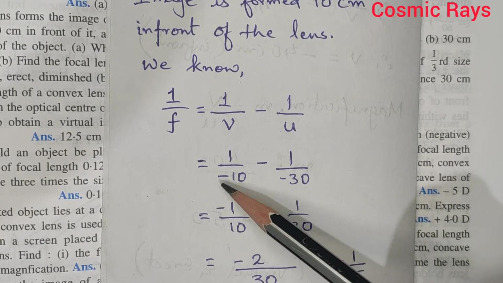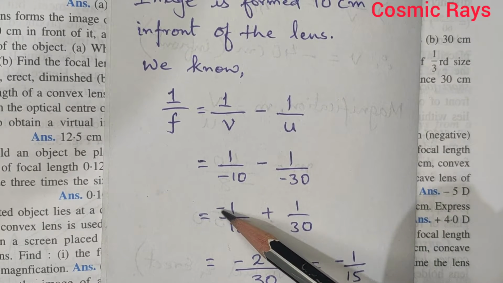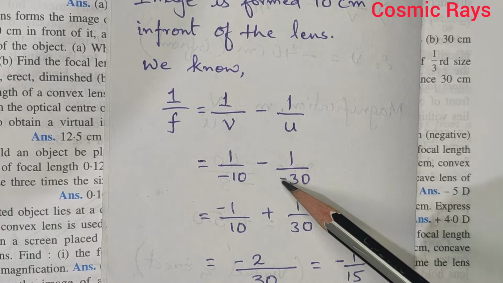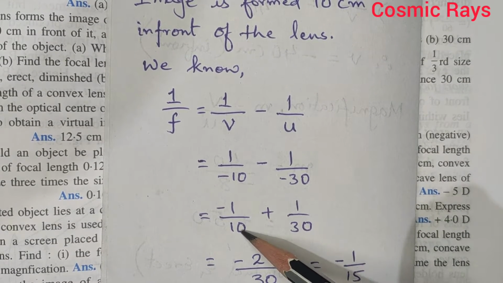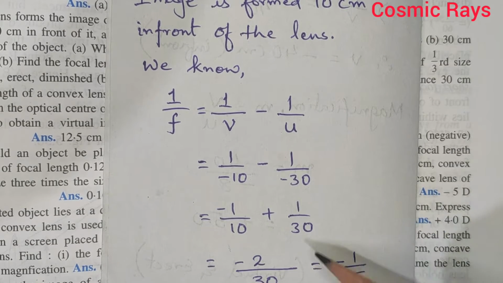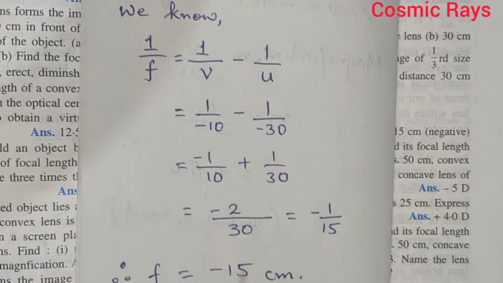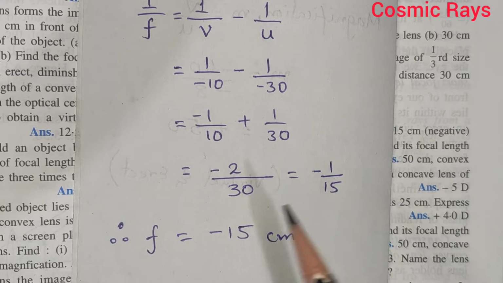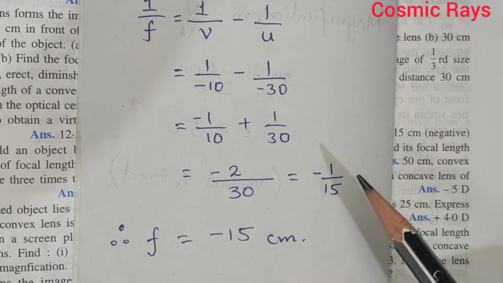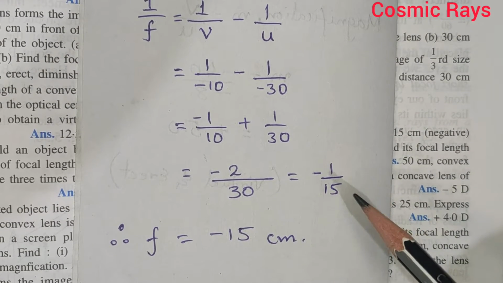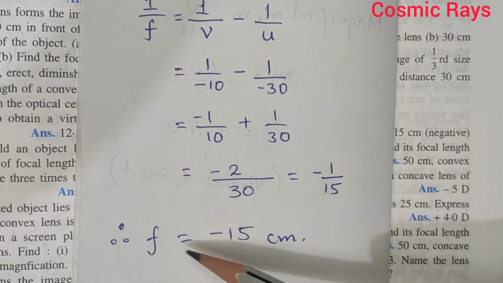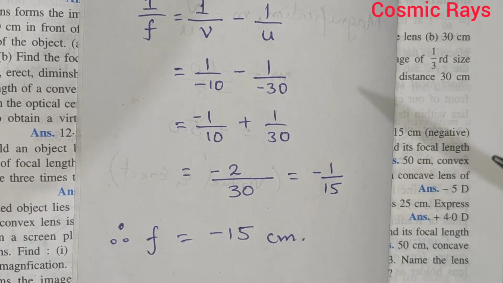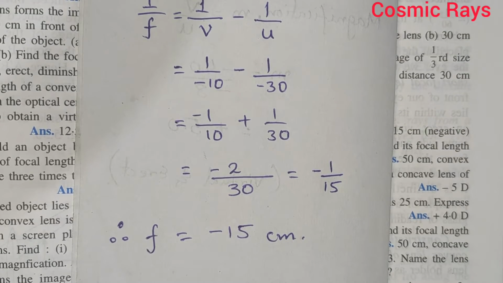So this minus goes up, we write it in the numerator, and minus into minus becomes plus. So we get minus 1/10 plus 1/30. After simplification we get minus 2 upon 30, that is minus 1 upon 15. So 1/f is minus 1 upon 15, so f is equal to minus 15 centimeter.